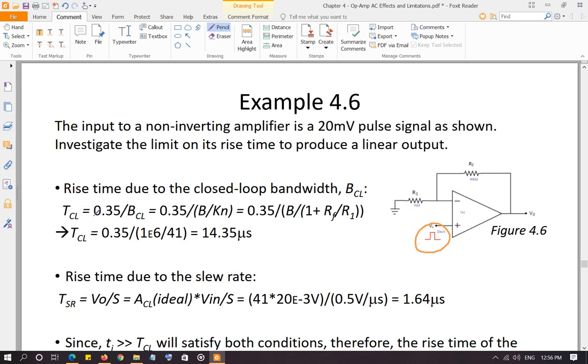First we calculate TCL, 0.35 over BCL, and it came out to be 14.35 microsecond. Then we calculate TSR, which is V0 over S. V0 of course is ACL ideal times Vn. We are using ACL ideal because the actual value and the ideal value are pretty close to each other. We calculated and it came out to be 1.64 microsecond.